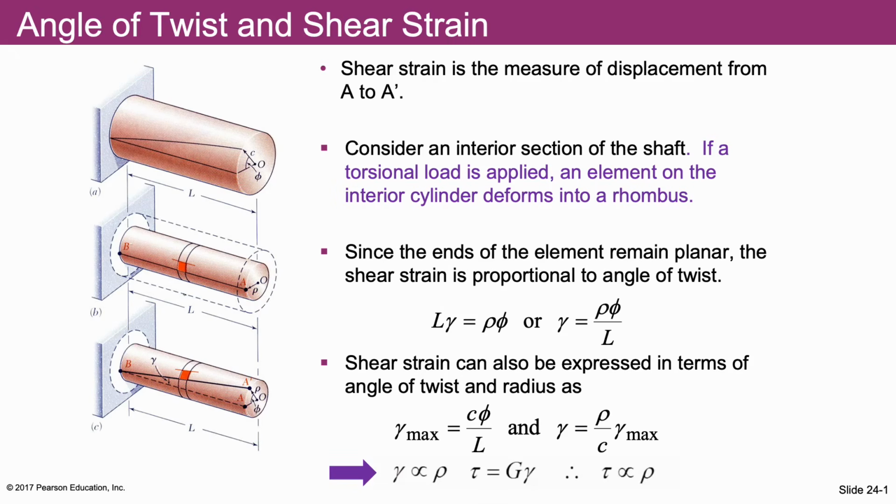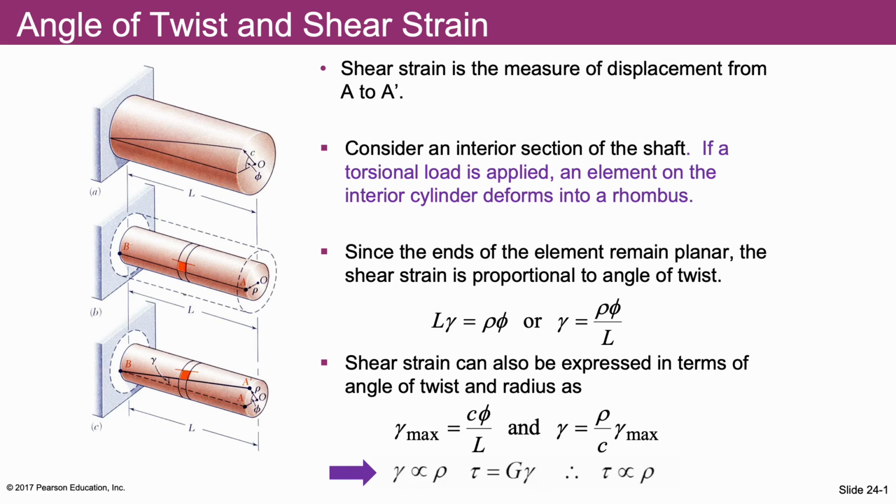This small element is represented by this red rectangle. We will analyze the shear strain in a small element with sides parallel and perpendicular to the axis of the shaft and at a distance of rho from the center of the shaft here as presented.